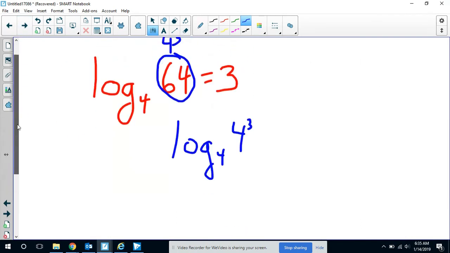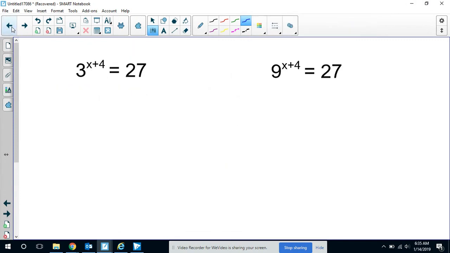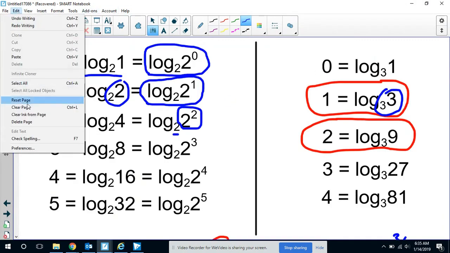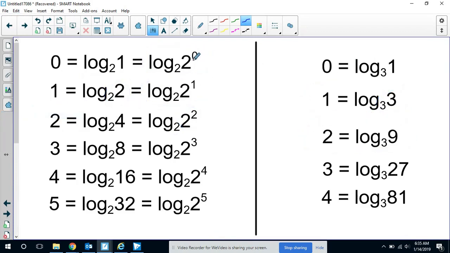That then leads us to another property of logs. If I go to this screen again, notice that log base 2 of 2 is 1, and then the answer was always whatever the exponent of this was in this case.